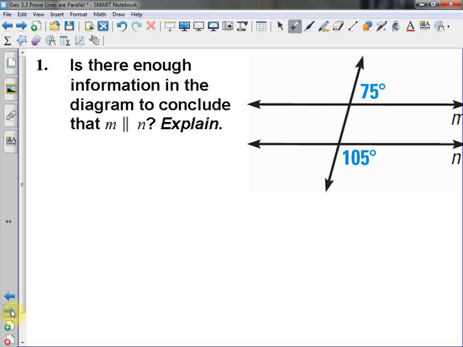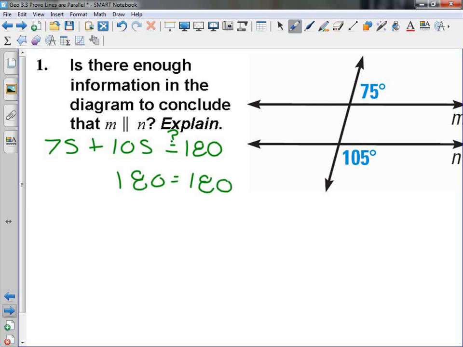So is 75 plus 105 equal to 180? A little bit of addition will tell you that it is. 180 is equal to 180. Can we say that those are parallel? Yes. Those two are supplementary.